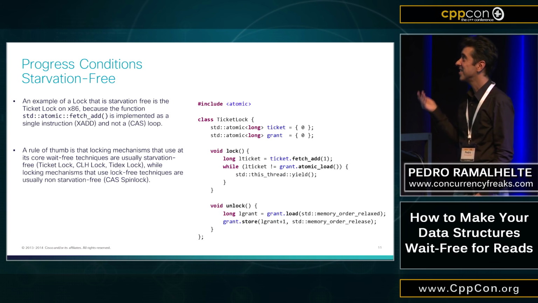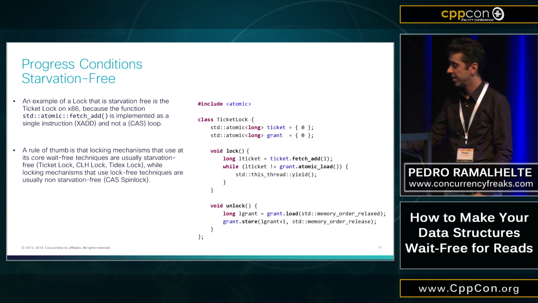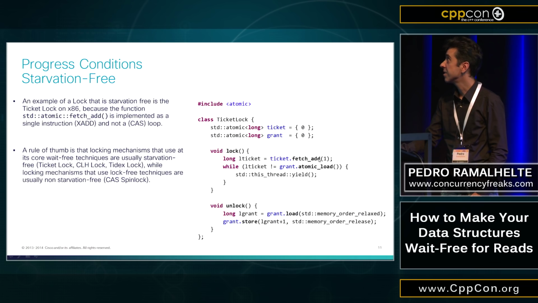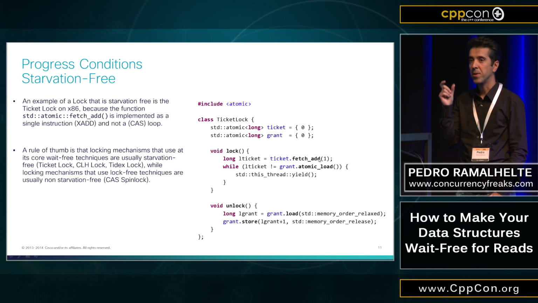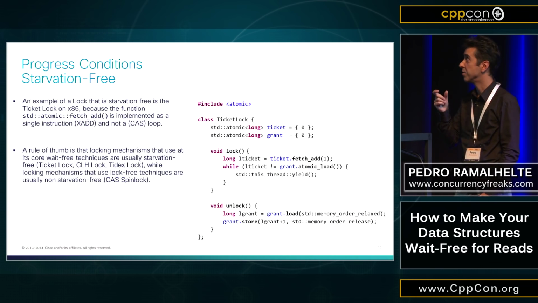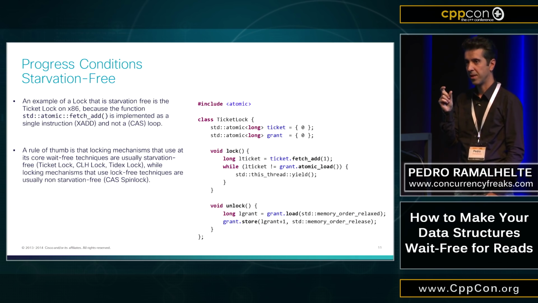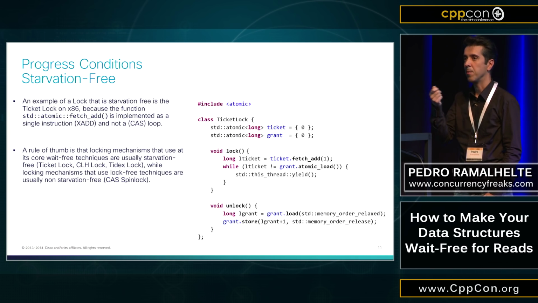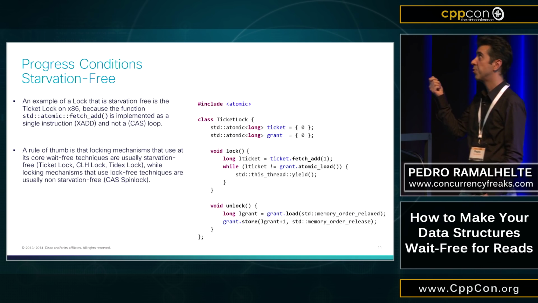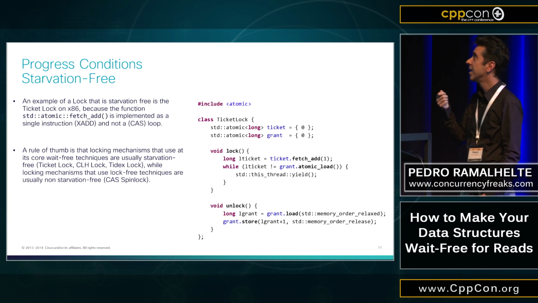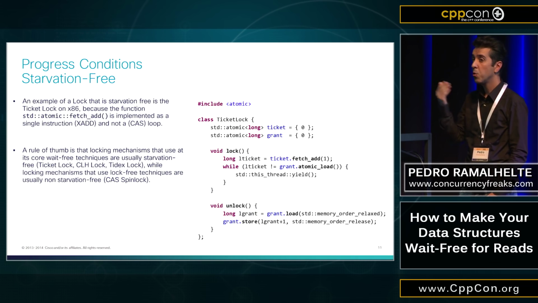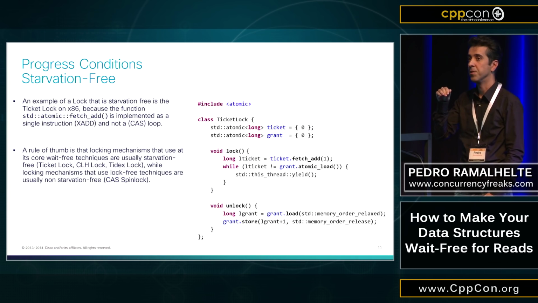So the thing is, it is starvation-free, at least on x86, because the fetch and add operation is a single atomic instruction. So there are no retries, you do it just once. And because you do it once, now you have a ticket. And that ticket is the numerical value of when is the time for this current thread to go in the lock. And that means that no other thread can pass in front of you.